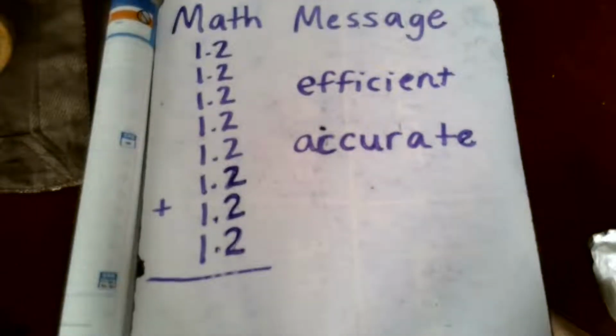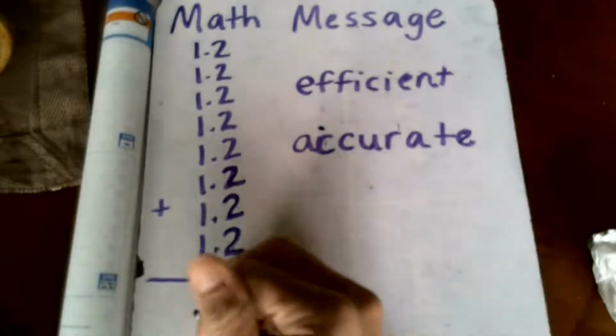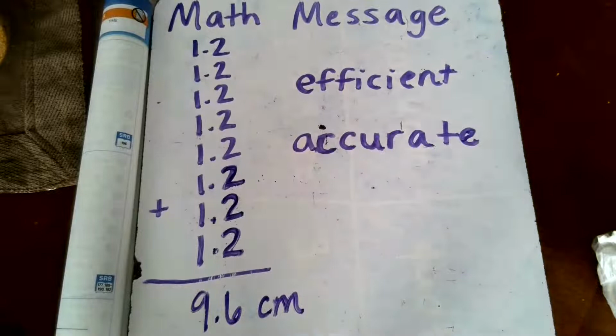So some of you might have done something maybe like this, where you were taking 1 2/10 and maybe you added them together to get 9.6 centimeters. This would be an okay strategy, but in 5th grade, we really don't want to do repeated addition anymore. We are past that. Does it work?